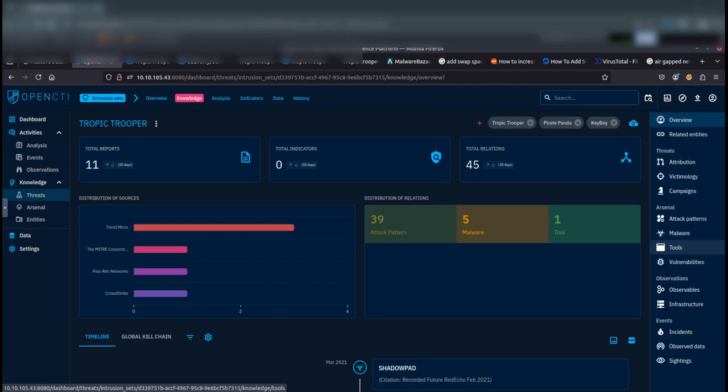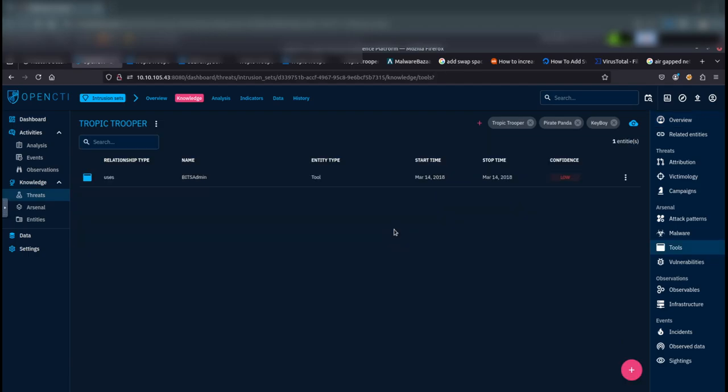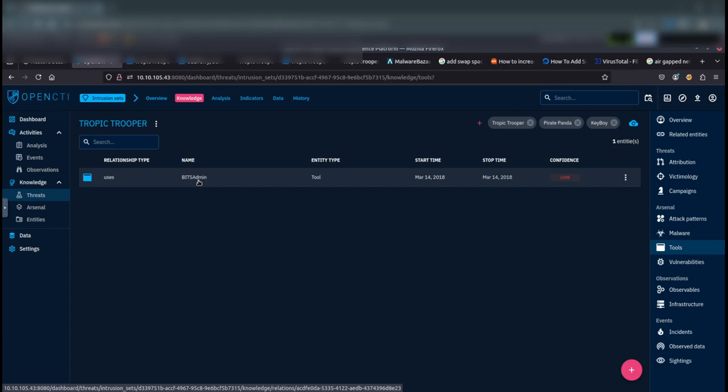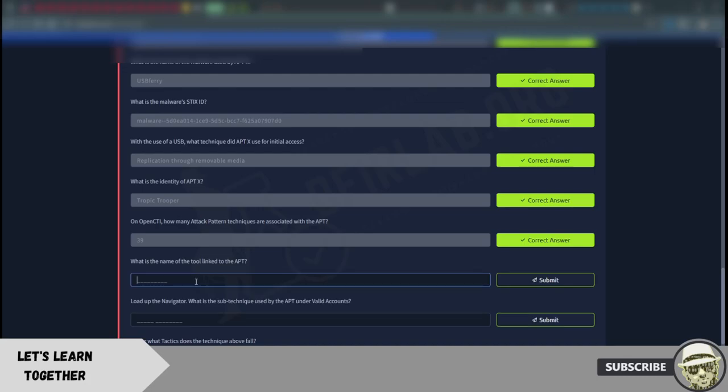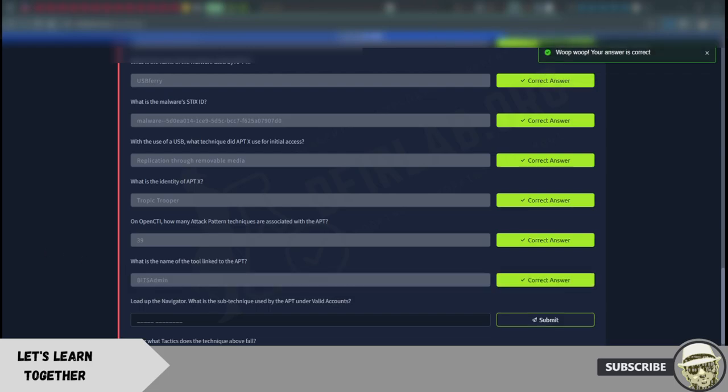What is the name of the tool linked to the APT? And the tool is BITSAdmin. That's it.